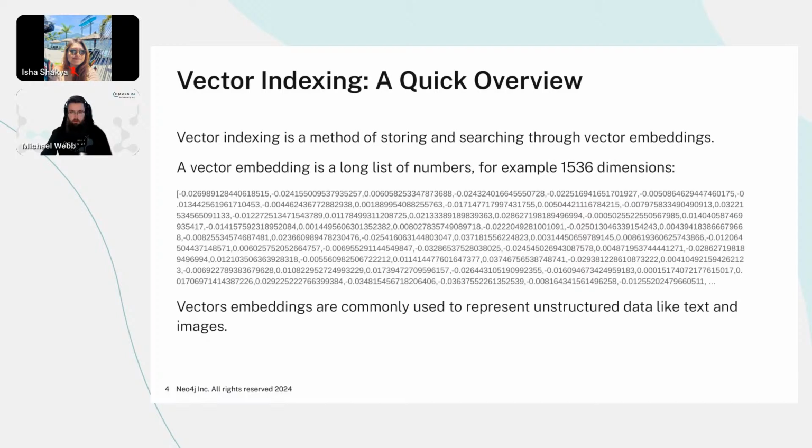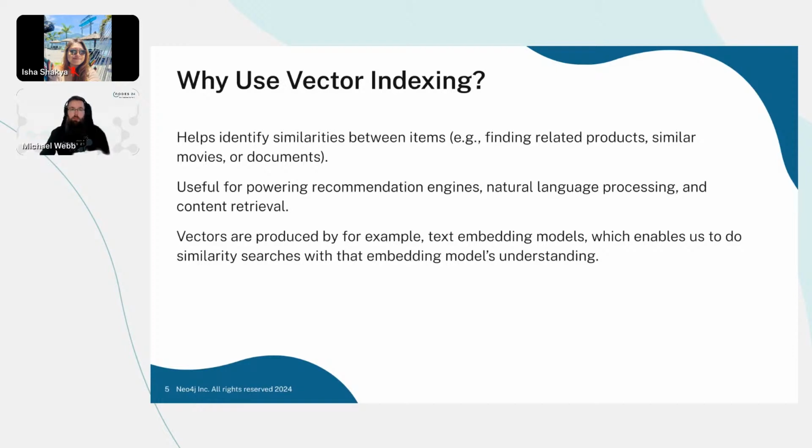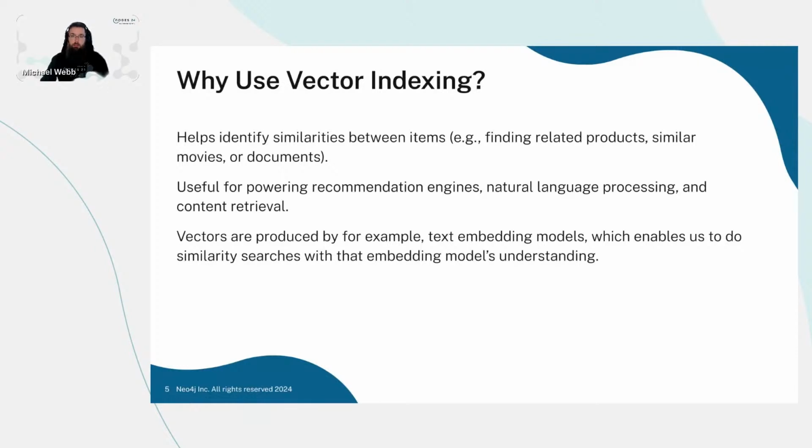So a vector is a long list of numbers. And vector embeddings are commonly used to represent unstructured data like text and images. So why do we want to use vector indexing? Vector indexing helps us identify similarities, which can be useful for things like finding related products, similar movies or documents.